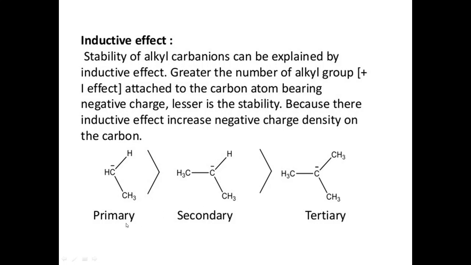It means that the primary anion is more stable than the secondary and then the tertiary anion. So, the fewer the alkyl groups attached to the carbon anion, the more stable the carbon anion.